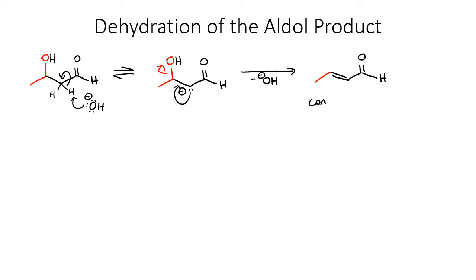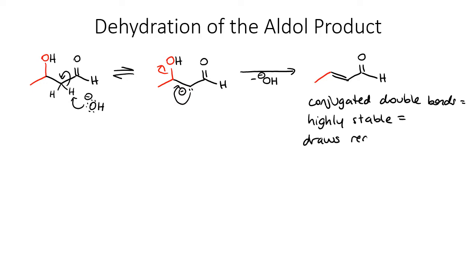So our conjugated double bonds are highly stable. As a result, it's going to draw the reaction forward towards the formation of that conjugated product.